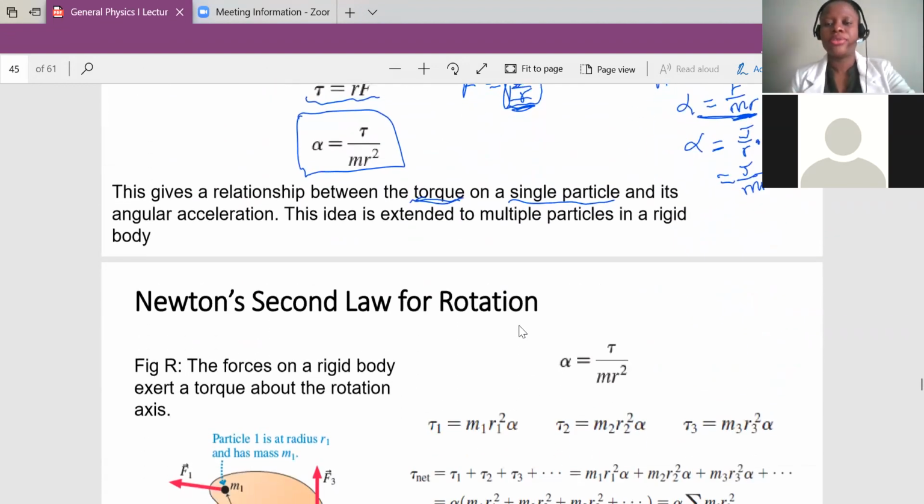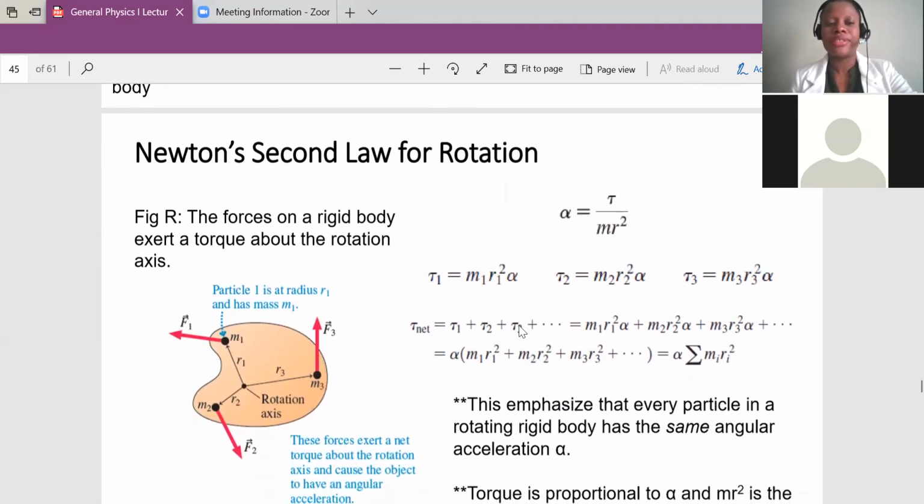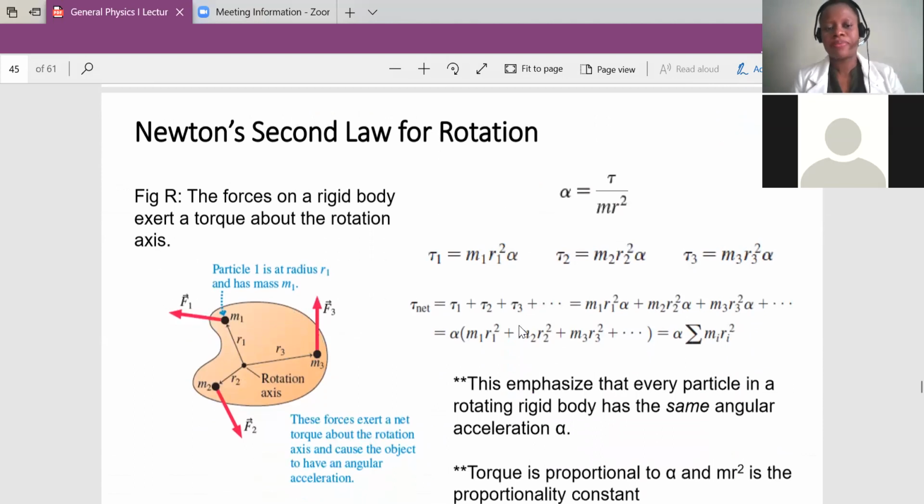We're going to use the understanding of what we've just derived to extend it to multiple particles on a rigid body. What will happen when we have more than one particle on that kind of system? Let's see how we can also use the understanding of Newton's second law to explain the rotation of multiple particles on such a system.